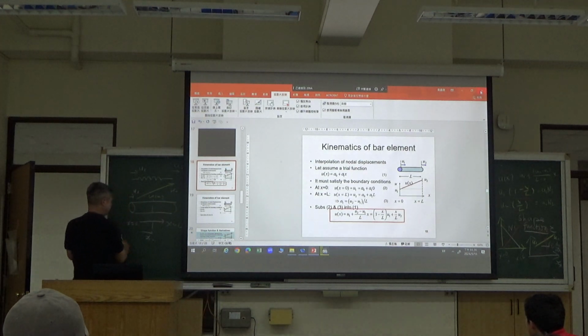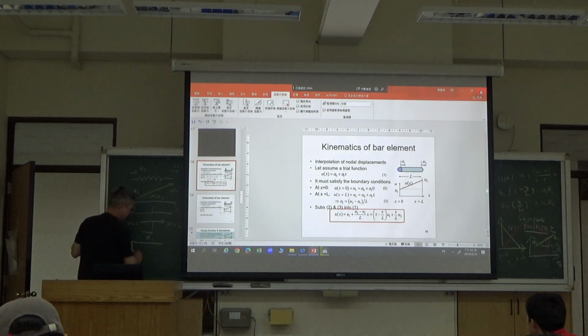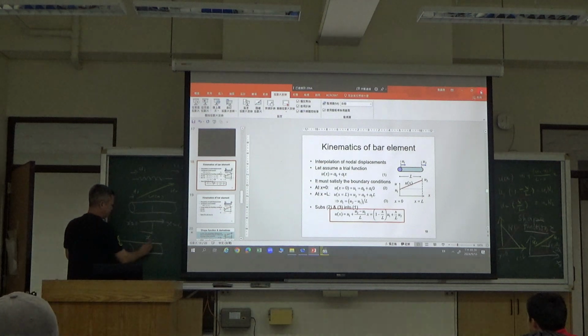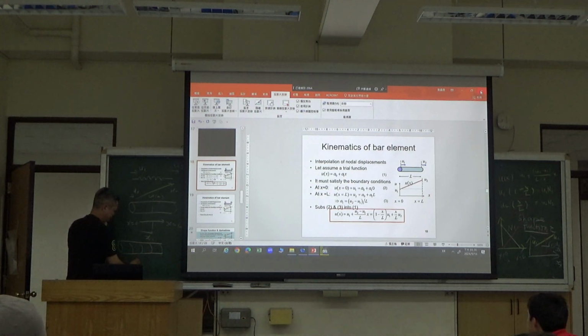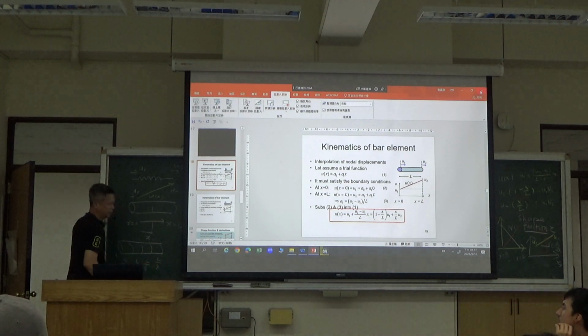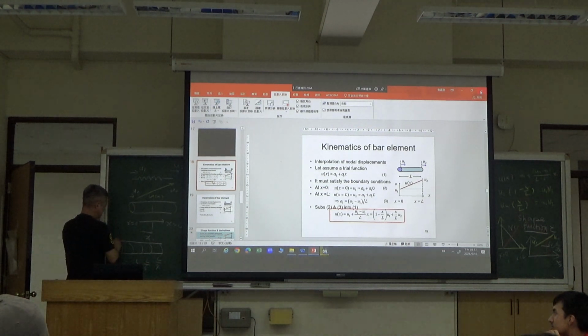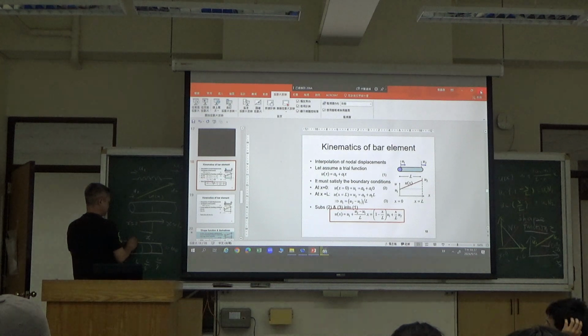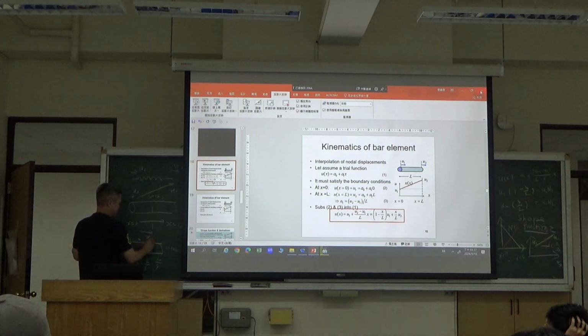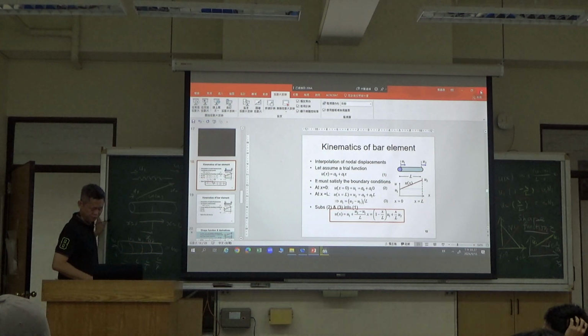Okay, if I have the idea of dividing the rod into 3 segments, if this is U1 and this is U5, they are basically doing this division.